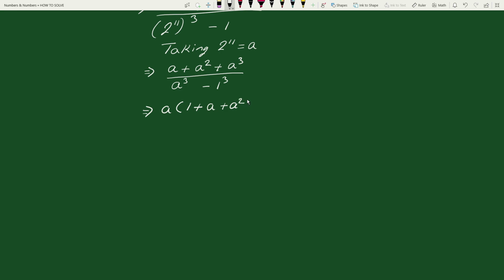+ a^2) by, now we will factorize a^3 - 1^3 using the algebraic formula, a^3 - b^3 equals (a - b) times (a^2 + ab + b^2).